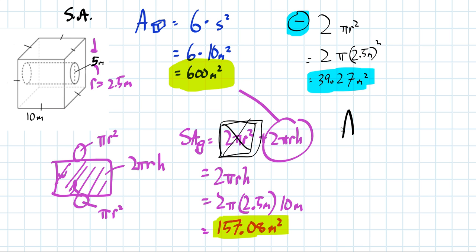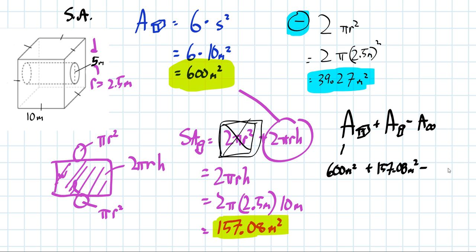So we take the area of that cube, we add in the area of the cylinder, but not the top or the bottom of the cylinder, and we subtract the area of 2 little circles. The area of the big cube was 600. The area of the walls of that cylinder, or the walls of the tunnel, I guess that it is now, are 157.08.